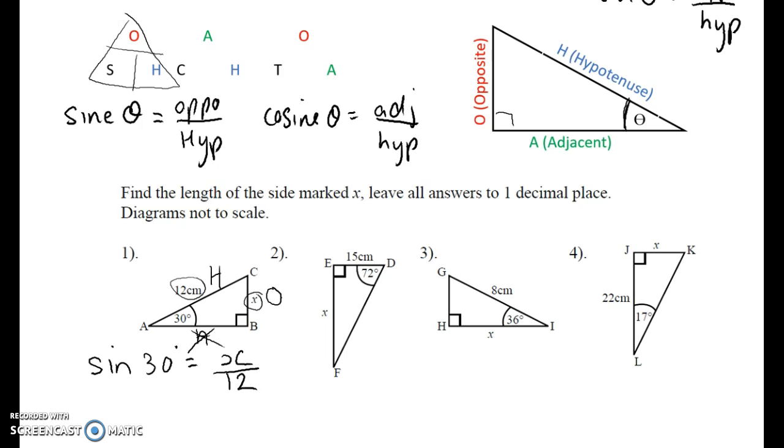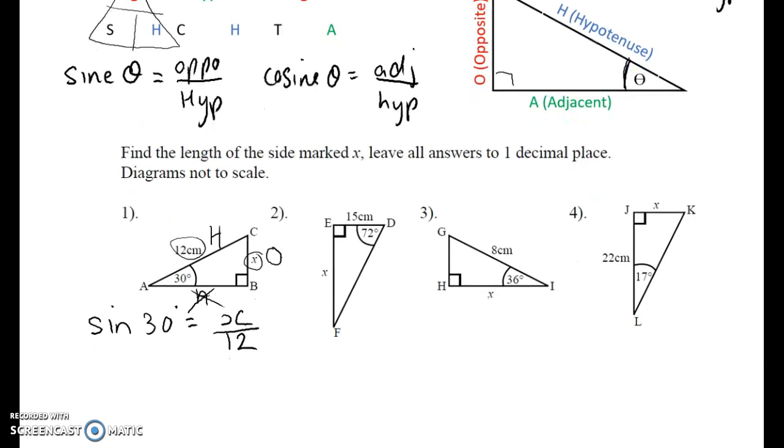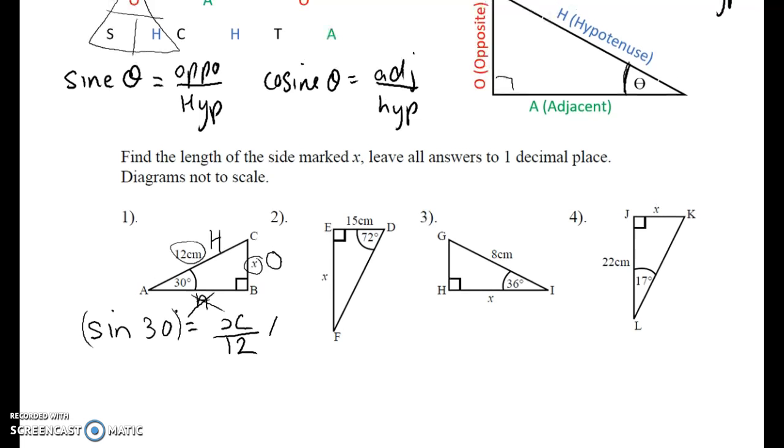Now what I need to do is rearrange that. So I need to look at, if this was algebra, this whole thing is one thing. Sine of the angle is one thing. So I need to times that by 12 so that I'm not dividing by 12 anymore. If I times my right-hand side by 12, I need to times that side by 12 as well. So 12 sine 30 equals x.